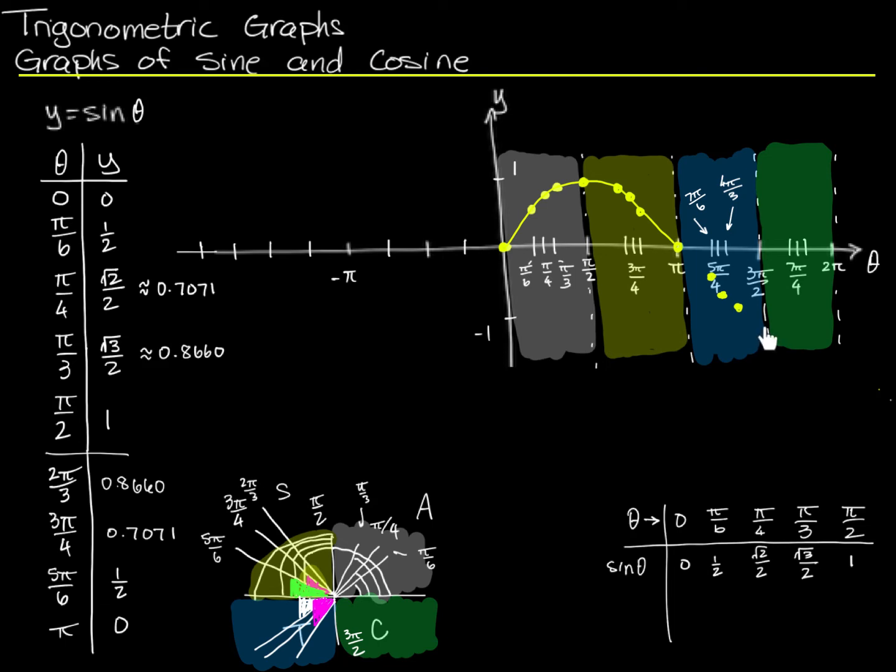So that's this angle right here. The reference angle for 3 pi over 2 is 1 pi over 2. So all I need to do to find the sine of 3 pi over 2 is find the sine of 1 pi over 2, which is 1, and change its sign to a negative. So I'm going to have a negative 1 at 3 pi over 2.